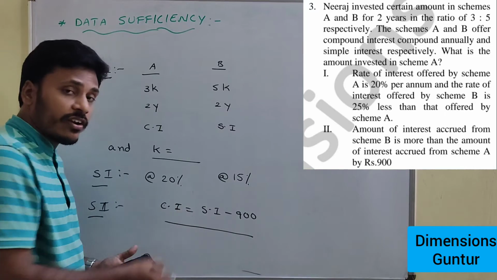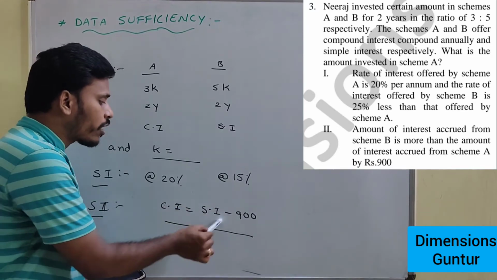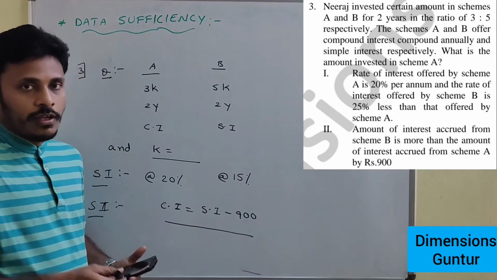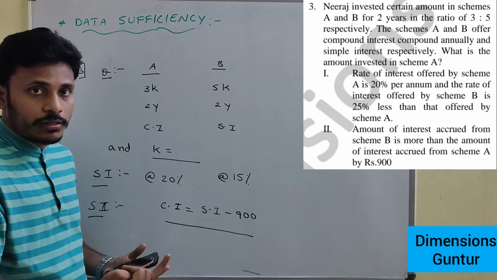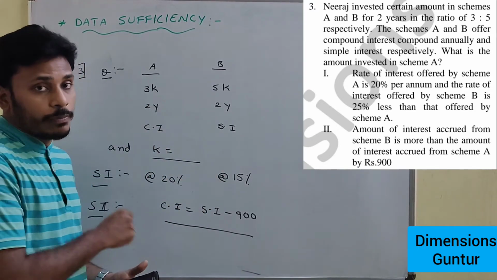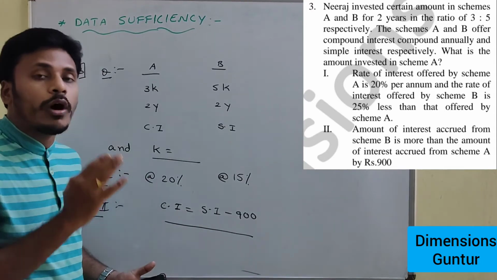But to use this relation, we need to write the formulas for compound interest and simple interest. To write these formulas, we need principal, time, and rate of interest. Principal and time are there in the question part, and rate of interest is there in statement 1. So no need to calculate anything here, you just need to observe.